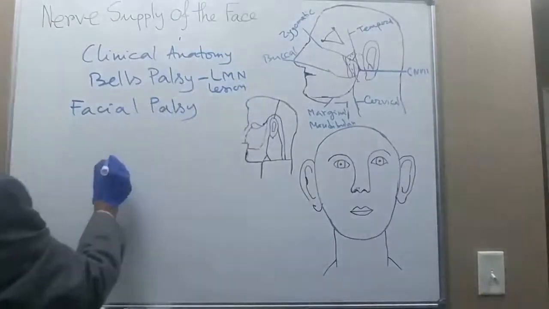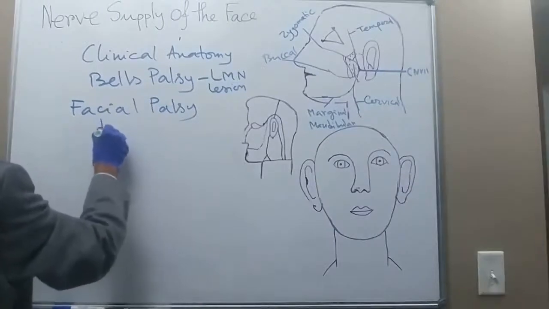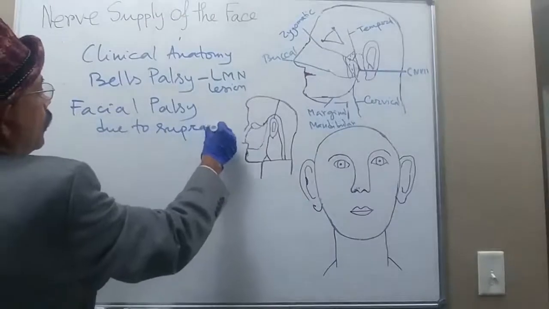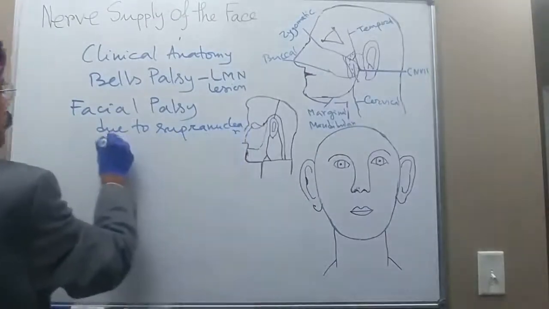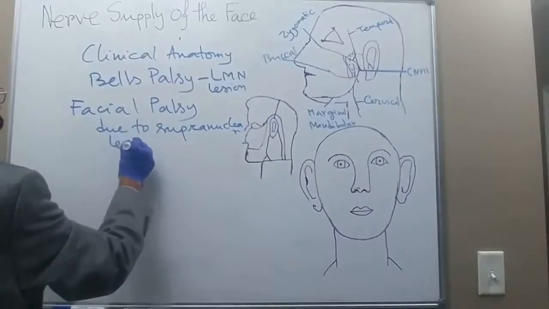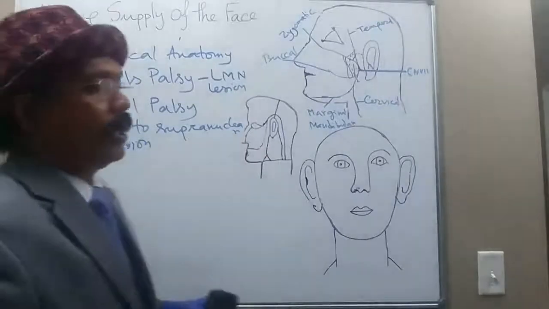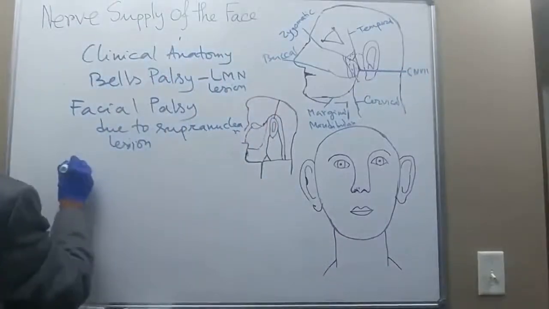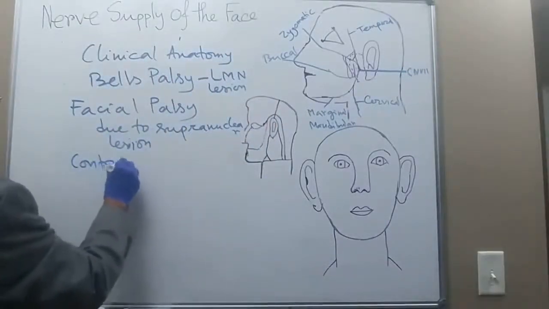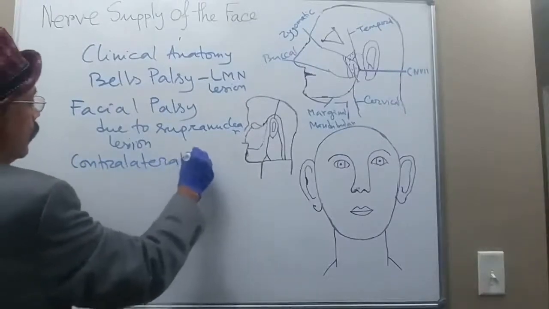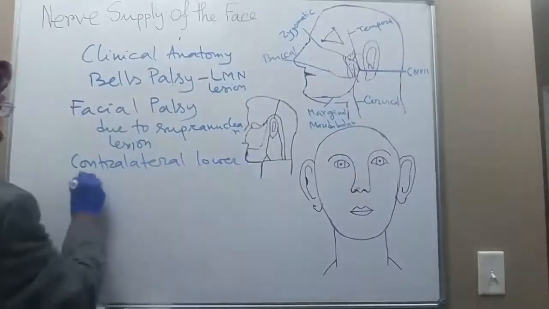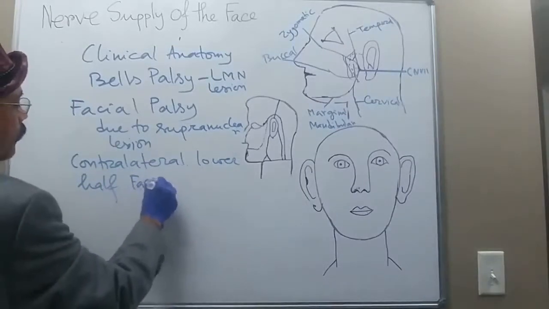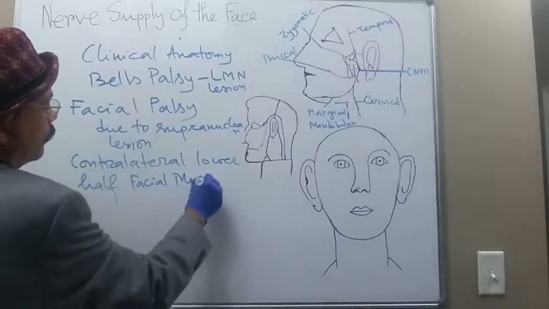Bell's palsy is ipsilateral. Facial palsy due to a supranuclear lesion will have paralysis of the lower half of the face contralaterally, so contralateral lower half facial muscle paralysis.